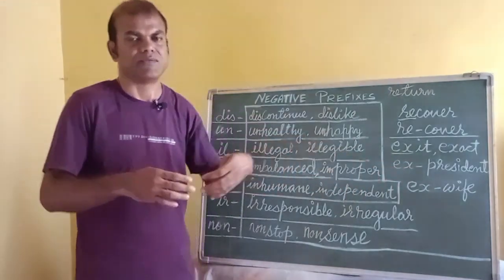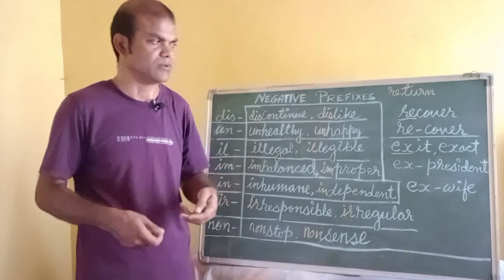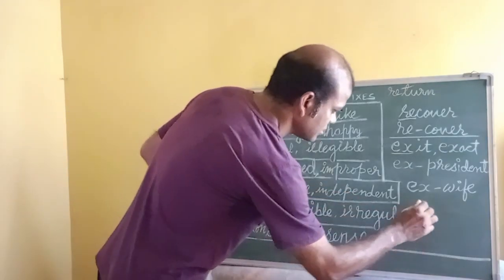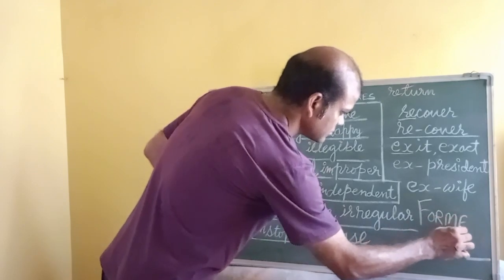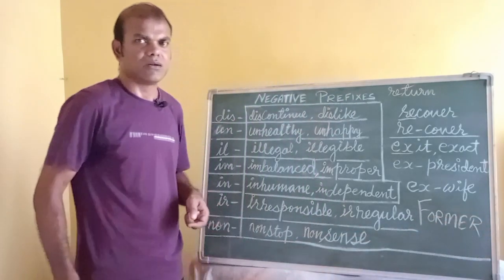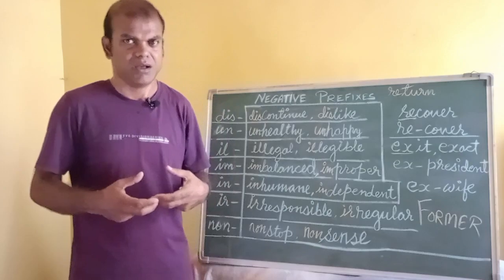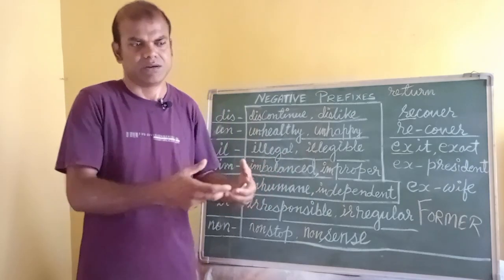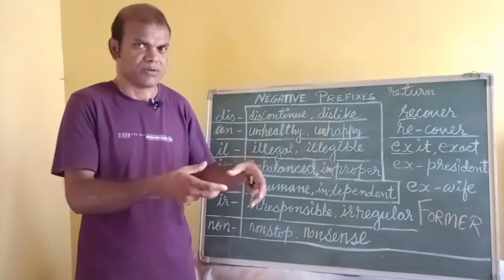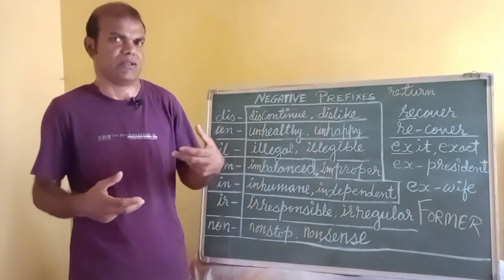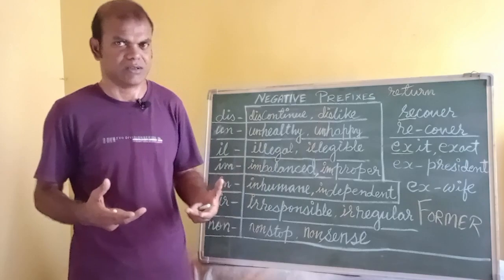Especially if you are talking about a person who is former. Former means a person who earlier was something in a good post or in a good relation, and now at present that person is no more in that good position or in that relation.